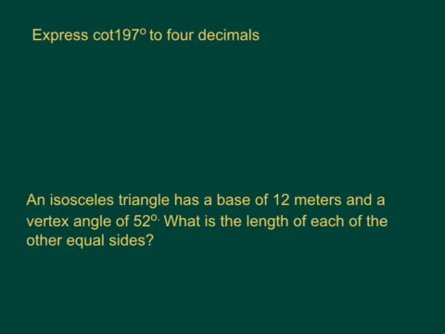Last two commonly asked questions. This first one is cotangent of 197 degrees to 4 decimal places, and a person says, huh? I can't do that on my calculator. Well, the thing you need to understand about cotangent is that this is a reciprocal ratio. Yes, it's adjacent over opposite, but more importantly, I like to connect it to tangent.